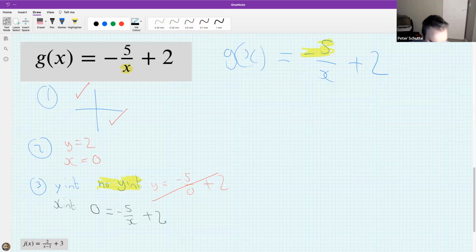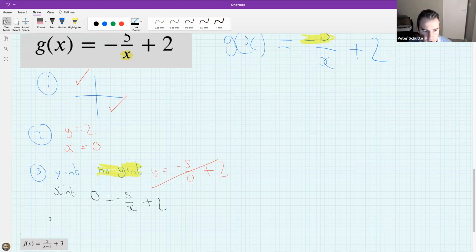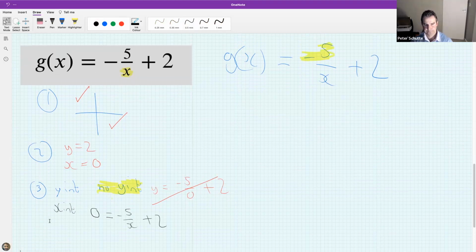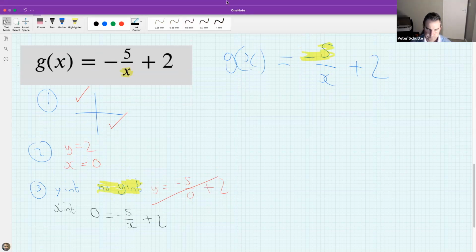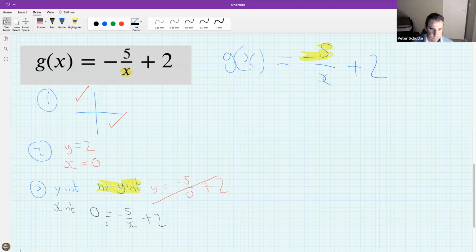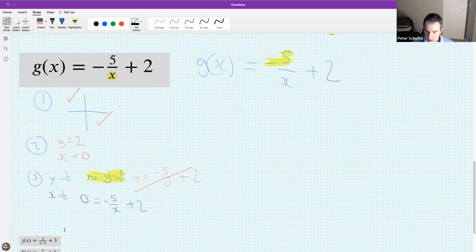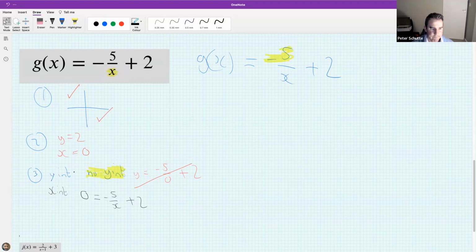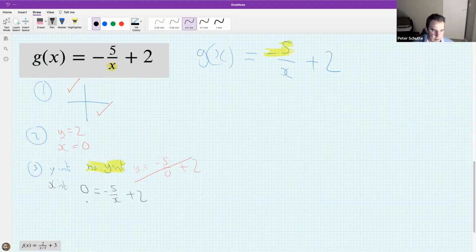Let me know in the chat what you think your x-intercept is going to be. So we get -2.